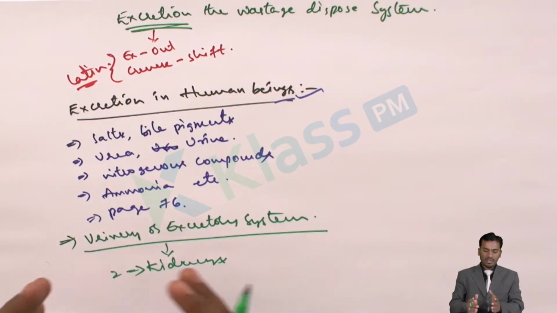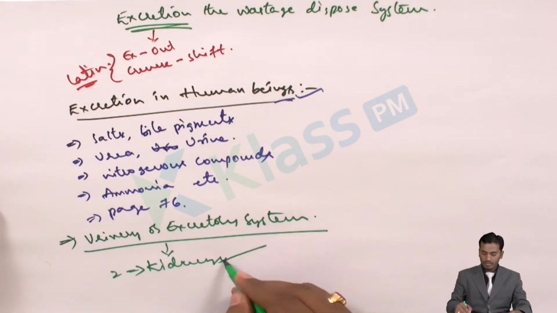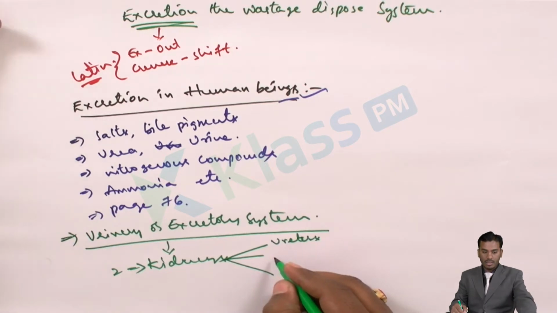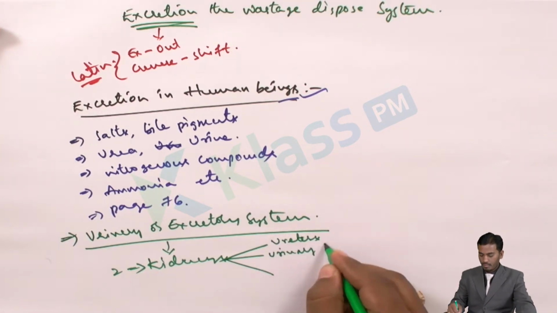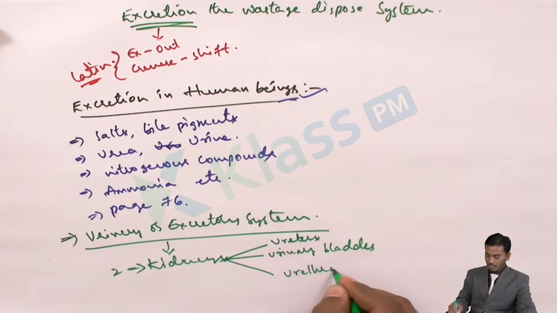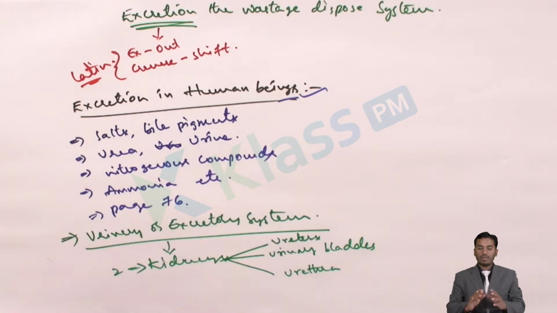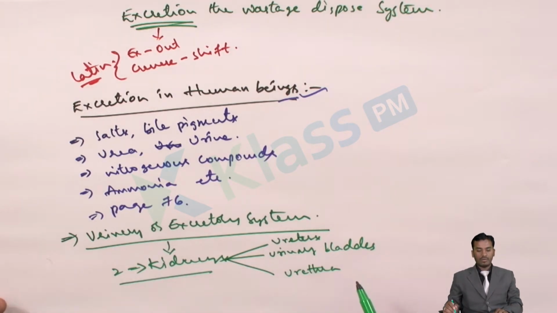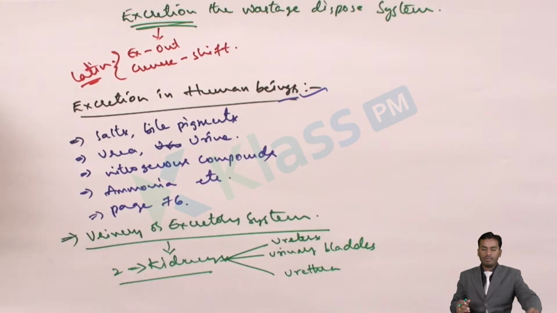And the entire set of ureters, then the urinary bladder, then the urethra. All these together, the 2 kidneys and their functions, we call the excretory system in human beings.